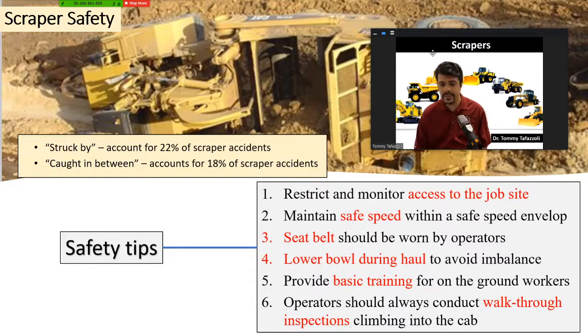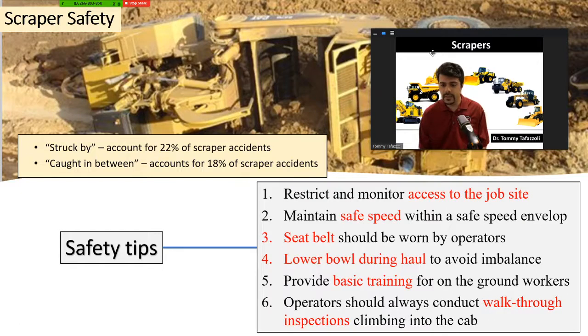Maintain a safe speed within a safe speed envelope. That is important. The machine might be able to move faster, but you should always think about whether it is safe to do that.